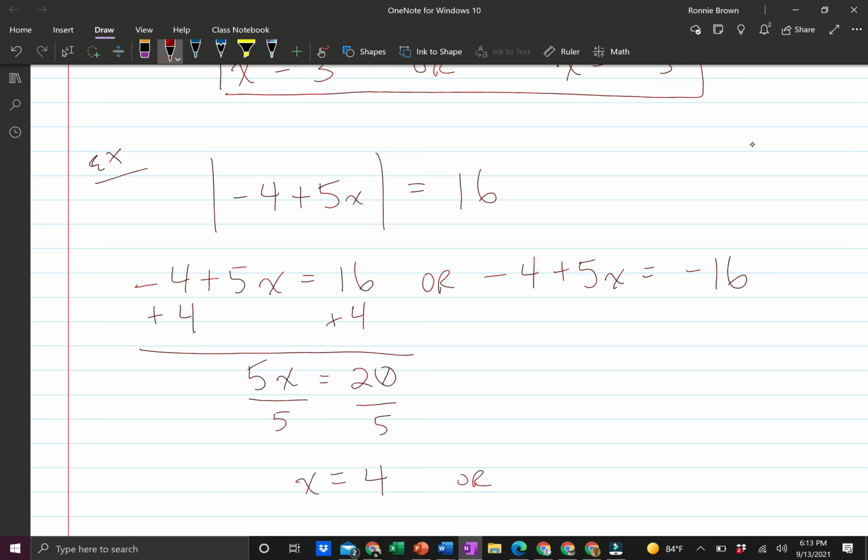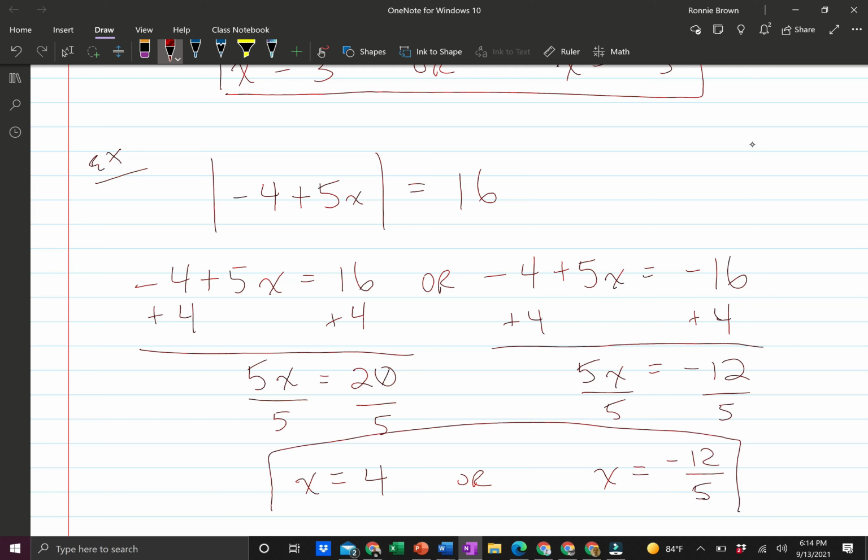On this side, we need to get the 5x by itself, so we'll add 4 to both sides. And we get 5x is equal to negative 12. We divide both sides by 5. x here is equal to negative 12 fifths. So our answers are 4 and negative 12/5.